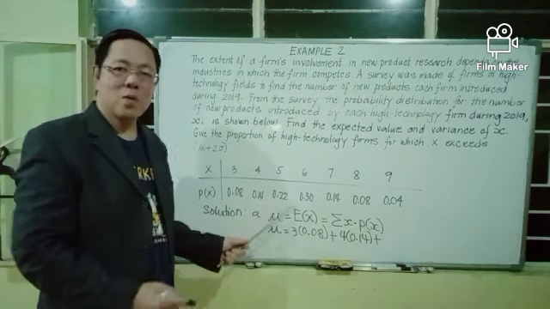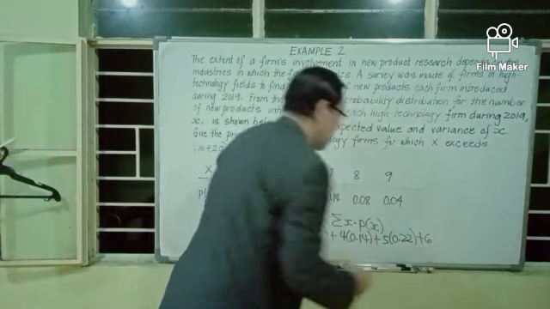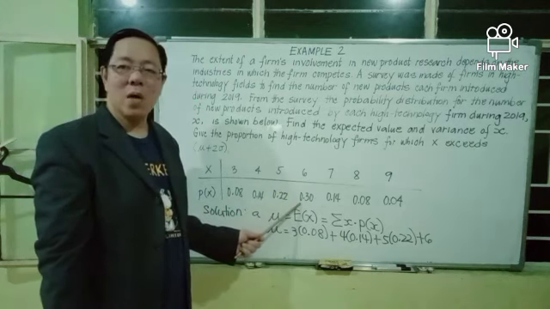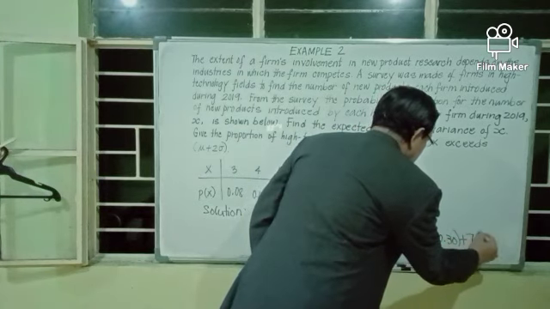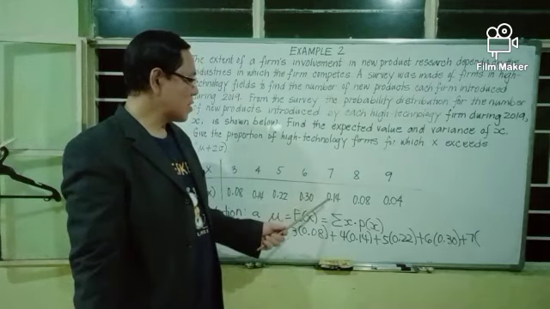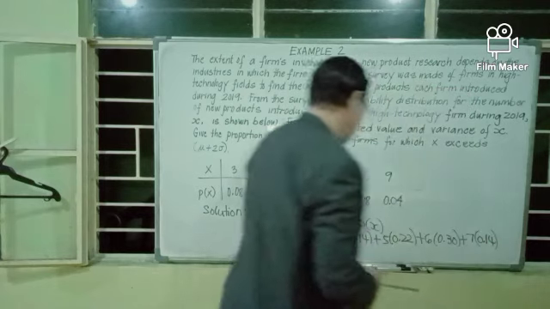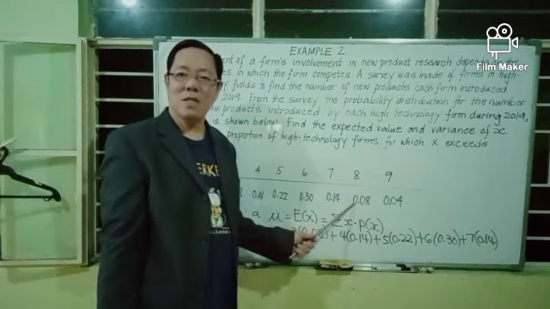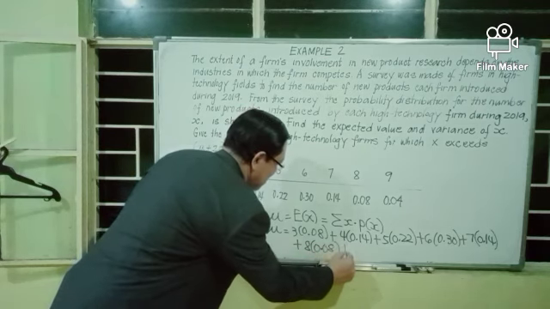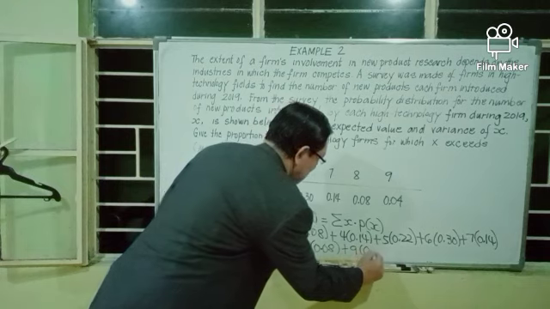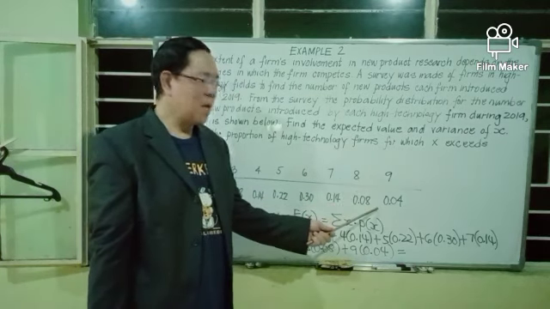Plus 5 multiplied by 0.22, plus 6 multiplied by 0.30, plus 7 multiplied by 0.14, plus 8 multiplied by 0.08, and plus 9 multiplied by 0.04.